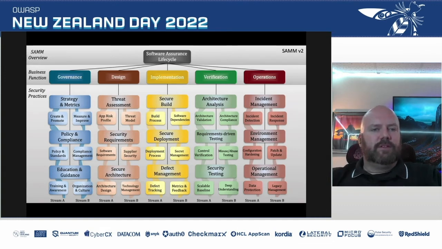So one of the things we did in SAMM 2 as well is we built the streams to be more of a maturing progression. So the elements within the streams are more related to each other. And so trying to understand that as organizations grow and mature, there is a natural progression for some of these activities.